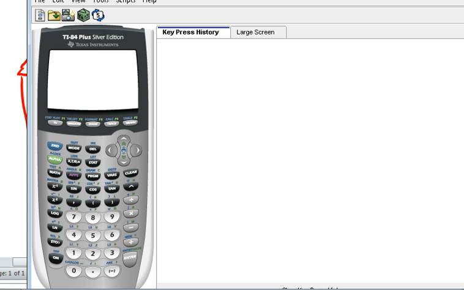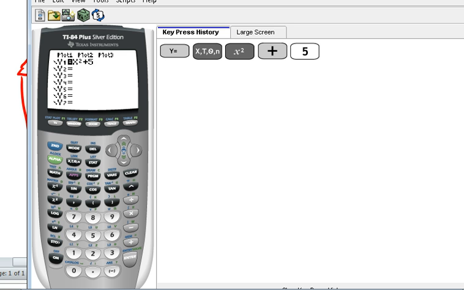So we'll go to y equals and put in x squared plus 56 divided by x. That's going to be our function.